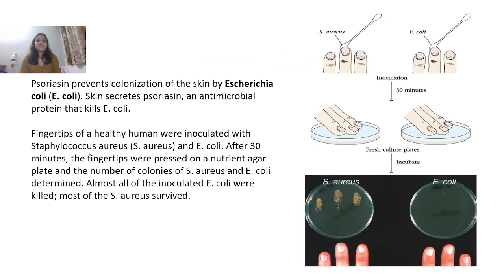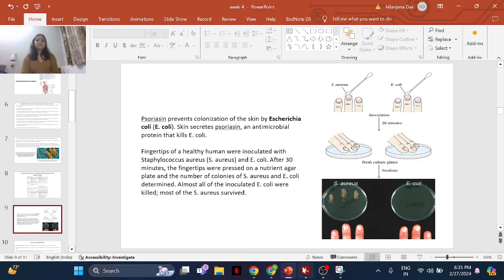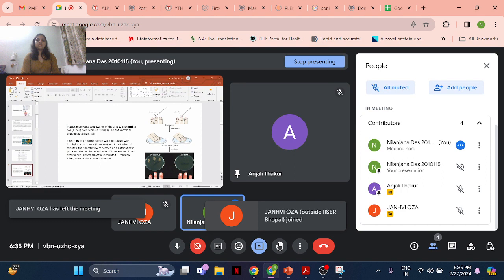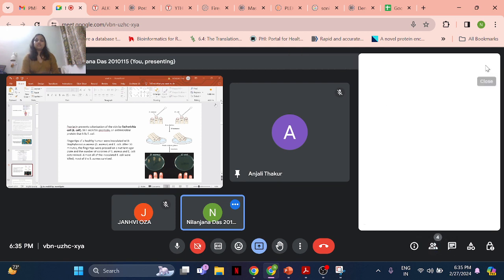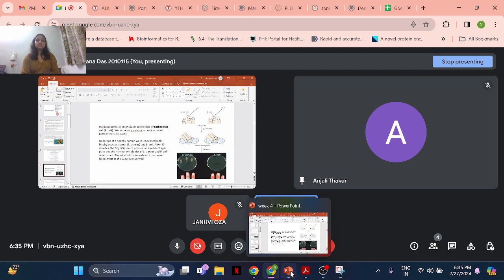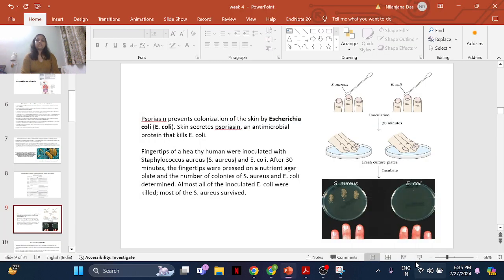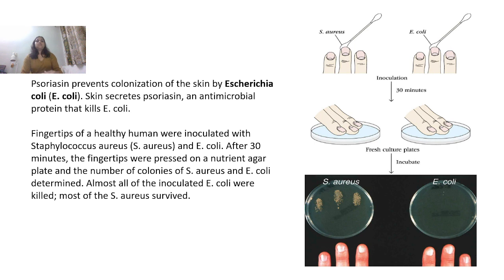So with this psoriasin, what they did was they took healthy human fingertips, and on one hand they inoculated the fingertips with Staphylococcus aureus, and on the other hand they inoculated with E. coli.